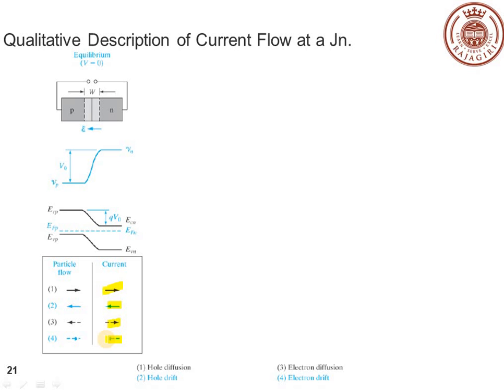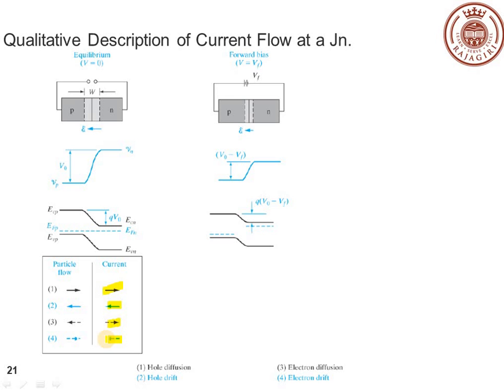But once you apply forward bias, the middle transition region will be narrow, and the potential barrier at the junction will be lowered. Earlier we had a potential barrier of Q into V0, but now we have a potential barrier of Q into V0 minus VF.